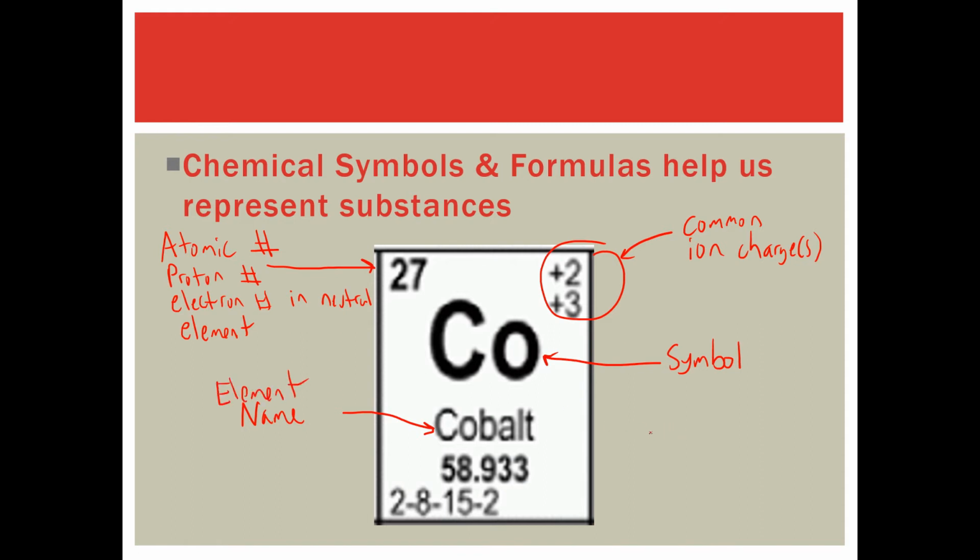Name, and they'll usually also have this number, which is the average atomic mass. Right. In previous classes they might have just told you it's the atomic mass, but we'll discuss why we call it the average atomic mass here. This number here, this particular periodic table showed it, but most at the high school level do not.